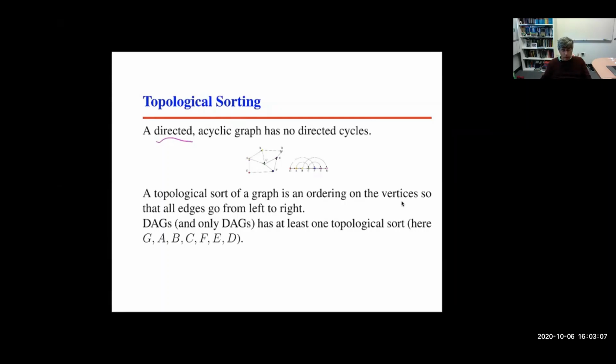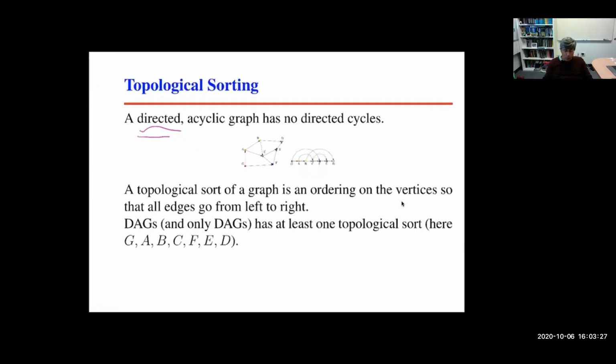What is a directed acyclic graph? It is a graph that is directed, the edges go one way, but it has no cycles in it. And a topological sort is an ordering of the vertices such that all the edges go from left to right.